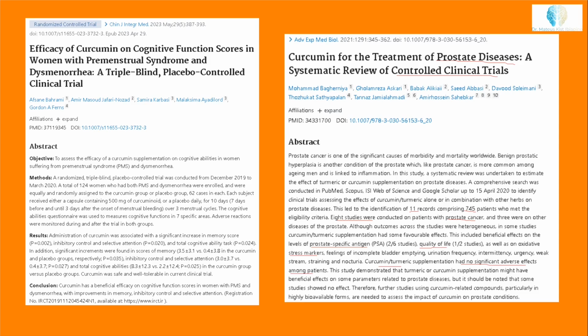But usually, since curcumin acts on many different mechanisms, it might be beneficial to the most relevant problem for that person. For example, for people with prostate diseases, the prostate condition is the most relevant condition. But it might also be beneficial on other conditions of the patient.